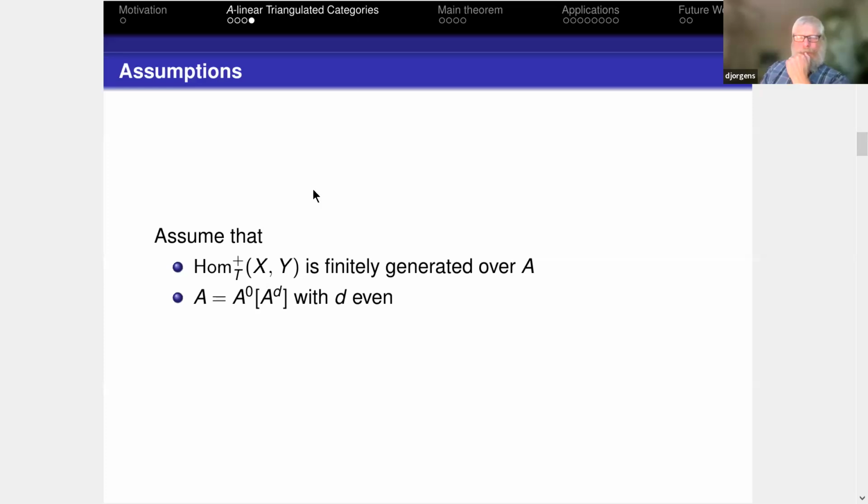Now, you may be wondering why we do this. Well, in practice, in the applications, this graded commutative ring A can be generated in different degrees.